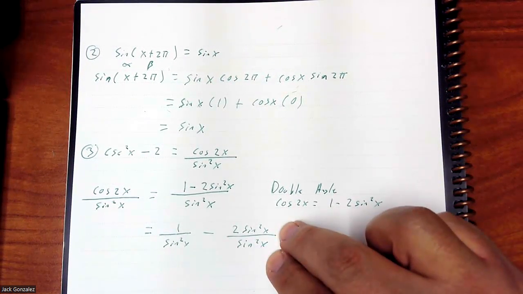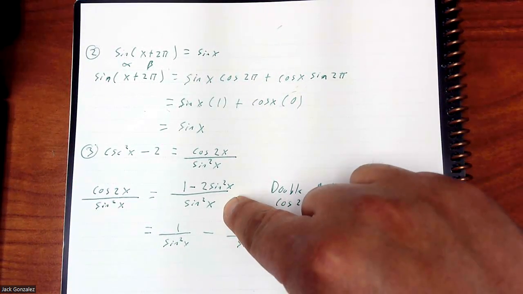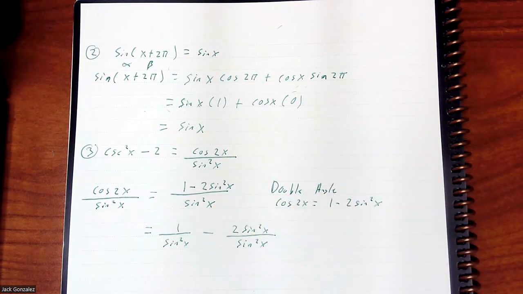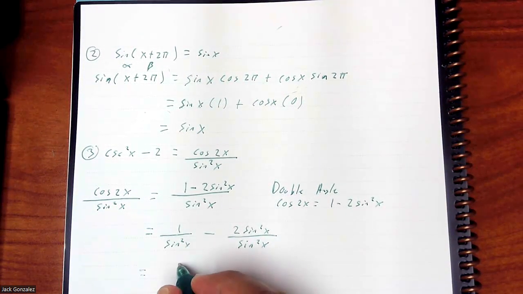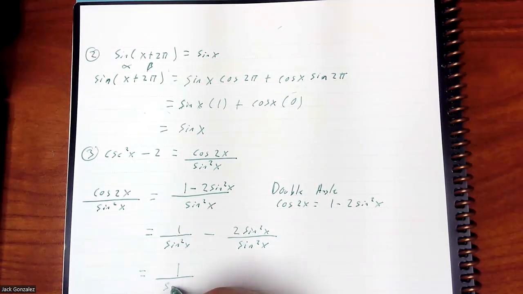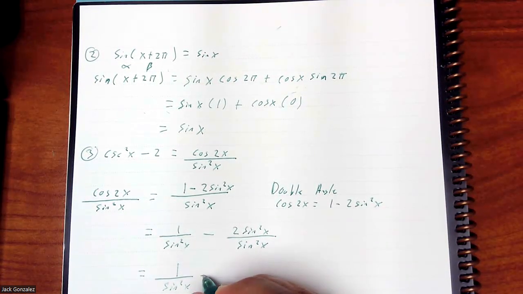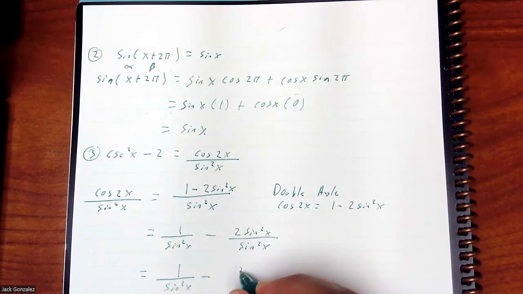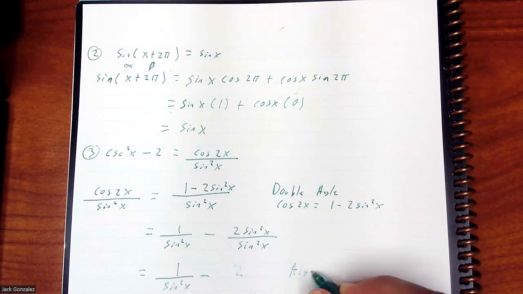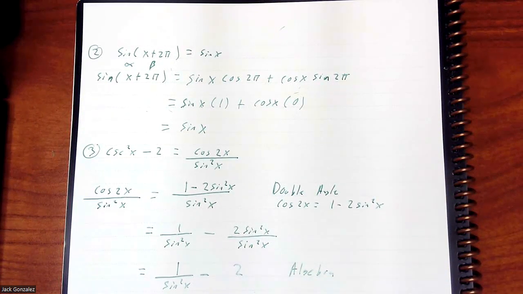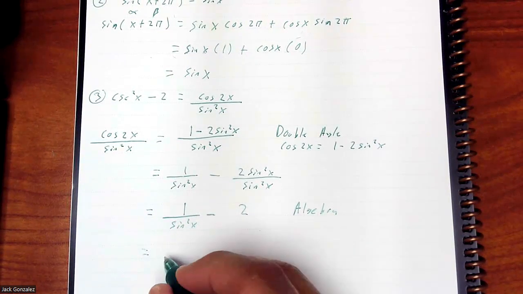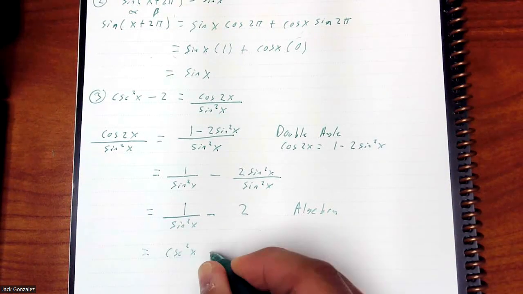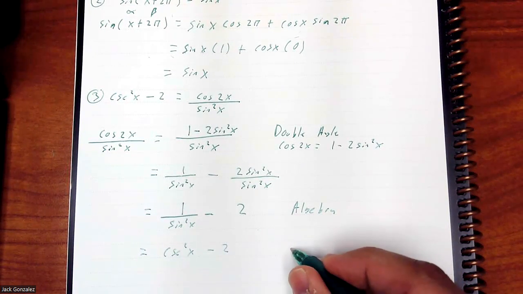This is the only time you can cancel. You can't cancel here. You only cancel when it's a product or if it's isolated. Remember, we talked about that. So this guy right here, 1 over sine squared. Well, let's do the algebra first. Show more steps. This becomes minus 2. Just basic algebra, right? Nothing fancy. Then right after, 1 over sine squared is cosecant squared x minus 2. That is the reciprocal identity.